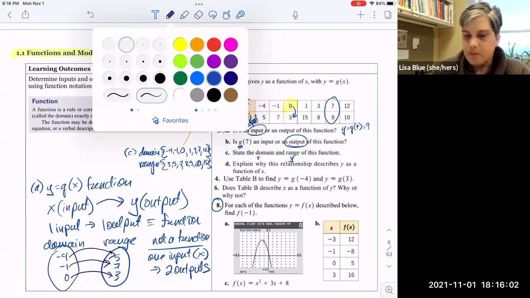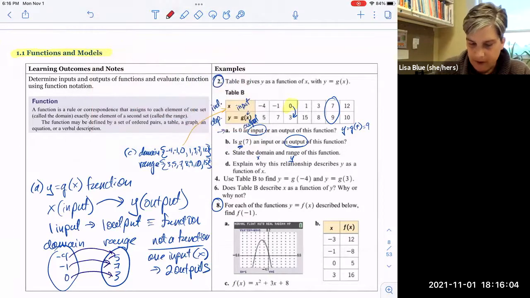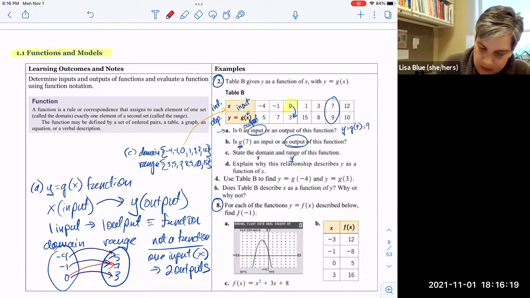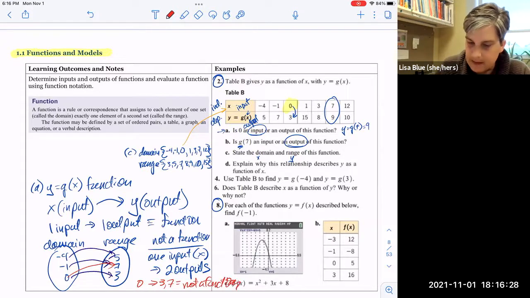And so if we wanted to break our function, we could say, oh, well, if 0 input gives us 3 for an output, but also 0 maps to 7, okay, that would break this. This would make it not a function. So 0 going to 3 and 7 equals not a function. All right. Does all that make sense?